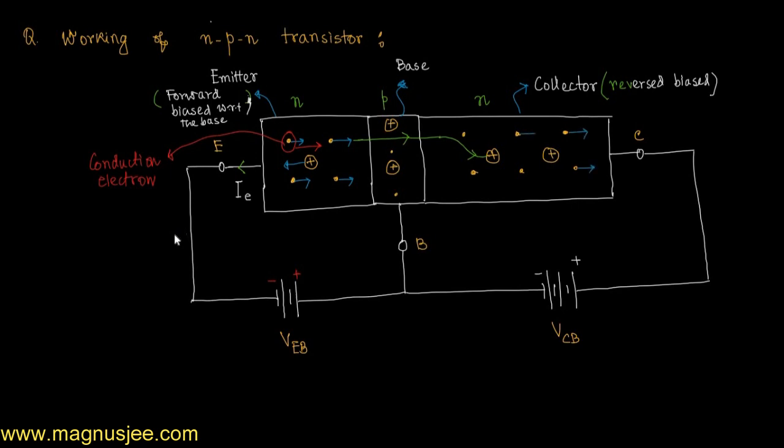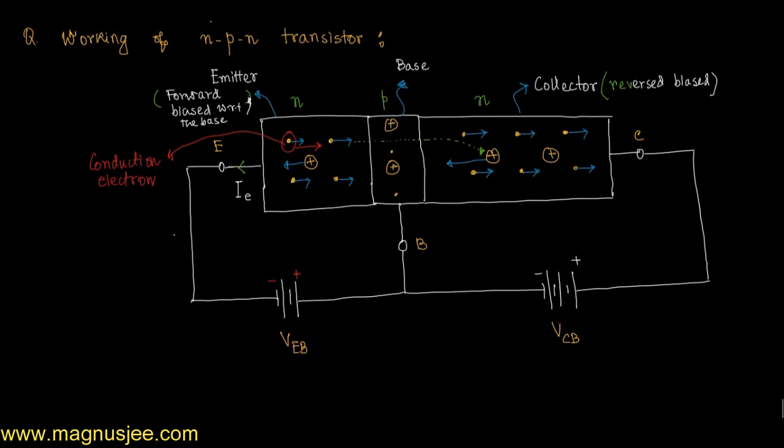Now the majority charge carriers of the N-type collector, the conduction electrons, will be attracted by the positive terminal of the battery VCB. That means they will flow away with respect to the collector, and the holes, the minority charge carriers, will be moving towards the base.